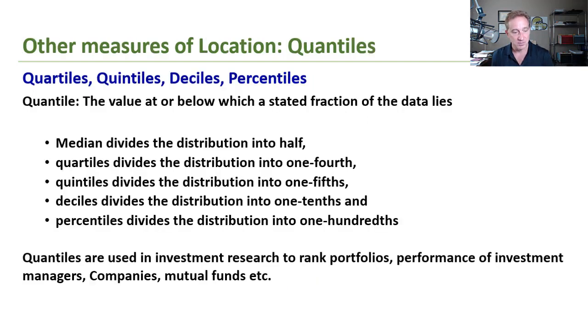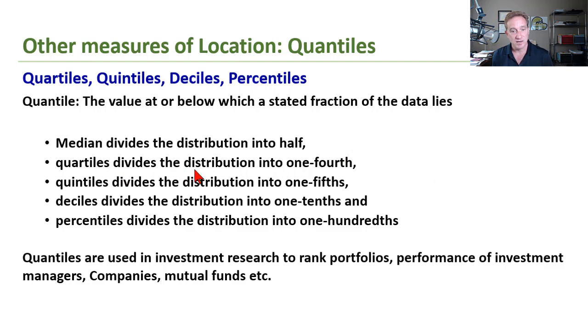So that's the harmonic mean. And then finally, other very important measures of location are the quantiles. Quantiles include, depending on where we demarcate, quartiles, quintiles, deciles, and percentiles. This is the value at or below which a stated fraction of the data lies. The median divides our distribution into half, so the median is the same thing as the 50th percentile.